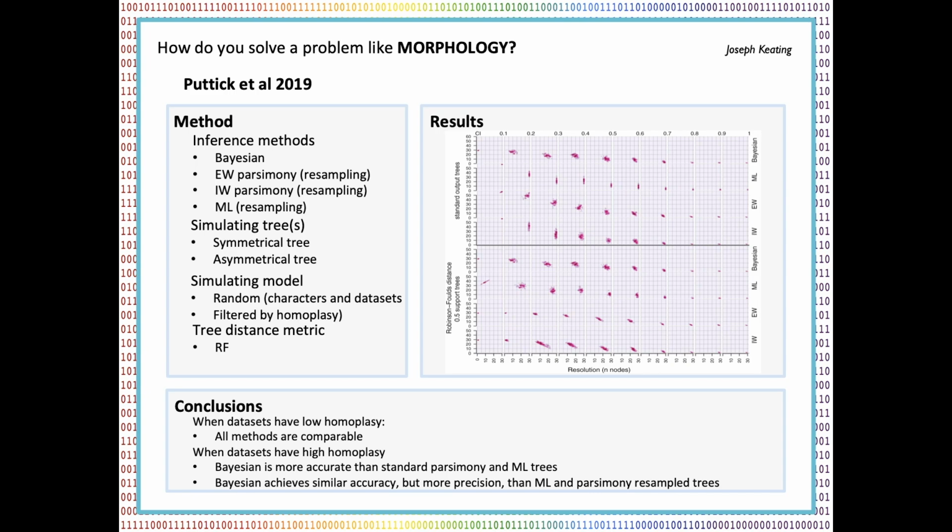From their results, they made some fairly nuanced conclusions. When datasets have low homoplasy, all methods have comparable accuracy. However, when datasets have high homoplasy, Bayesian is more accurate than standard maximum likelihood and parsimony trees, and more precise than maximum likelihood and parsimony trees with resampling.